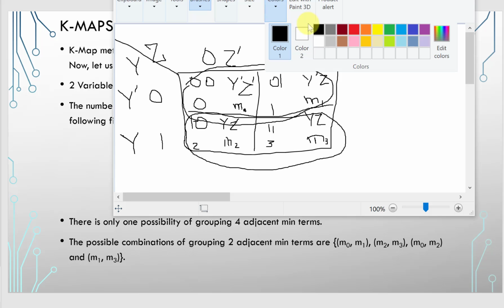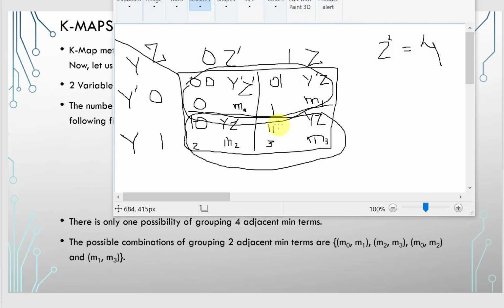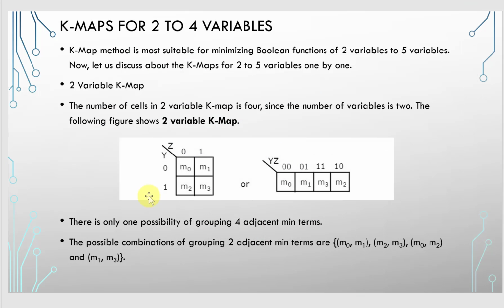And m0 and m2, which is this cell, and the other is m1 and m3, as you are seeing here. So we will group the variables by using this strategy, and by these groups we will find the equation later in the questions, right? We can use this method or this method, but I recommend using one method, which will be easy for you. So we will use this method in the next slides.